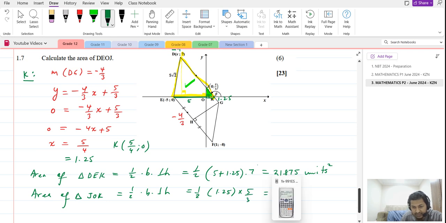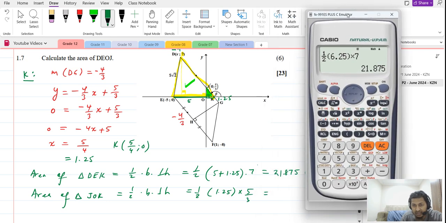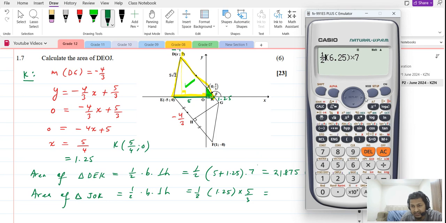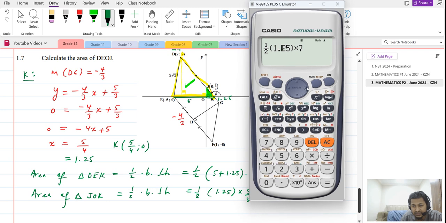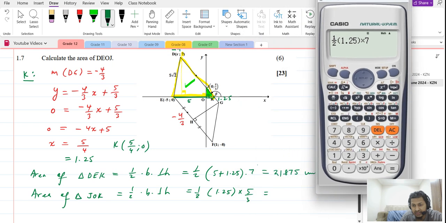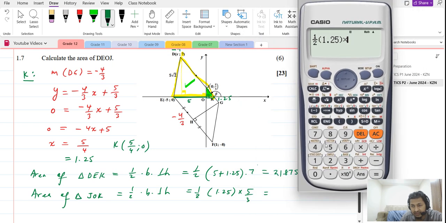So let's multiply that out now. Half times 1.25 times 5/3, right? Let's check this out. I'm getting an answer of 1.042.